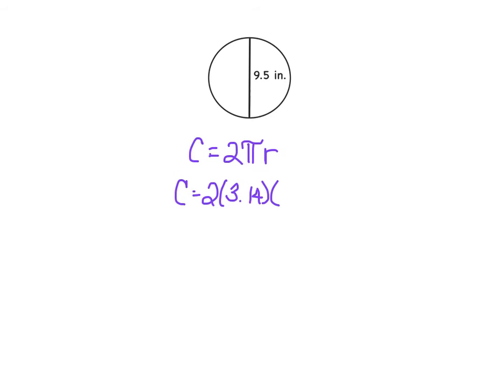So I need to divide by 2. And my radius is 4.75. 4.75 is half of the diameter. I'm going to multiply that by 2 and by 3.14, and I get my circumference of 29.83 inches.